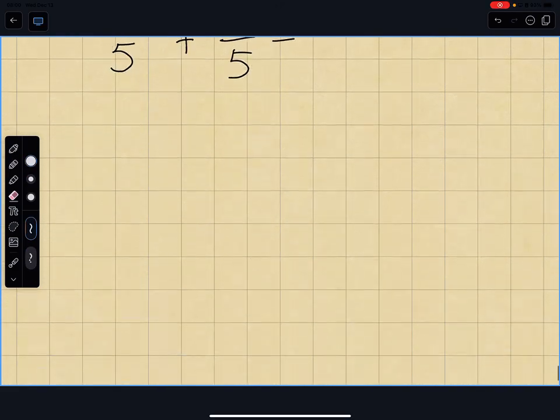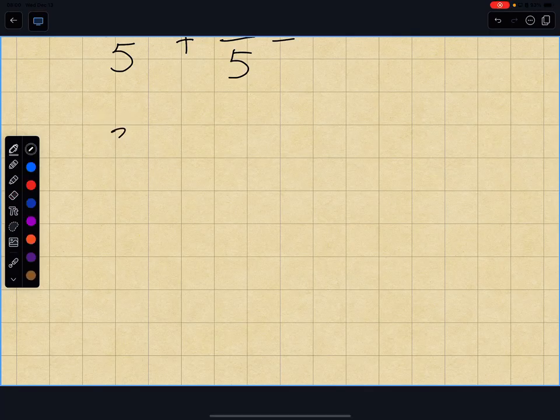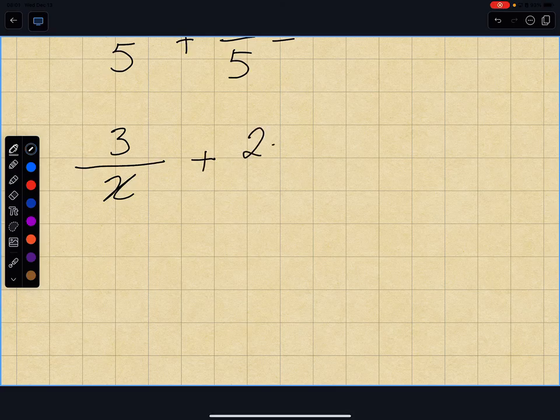Another one. 3/x plus 2x over 5. So how do I make these two denominators exactly the same?